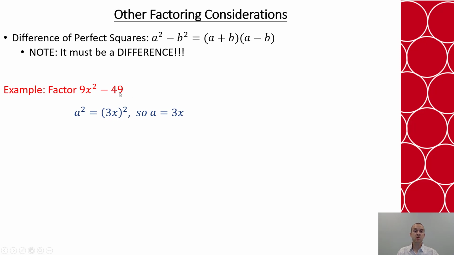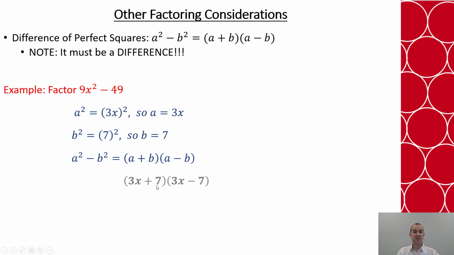If I take the square root of 49, that would be 7. So my b value will be 7. That means that if I think about my difference of perfect squares, I could rewrite this with my a being 3x, my b being 7, as the quantity 3x plus 7 times the quantity 3x minus 7.